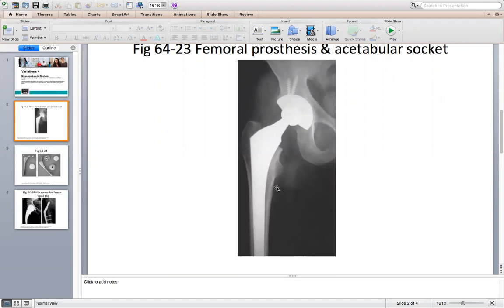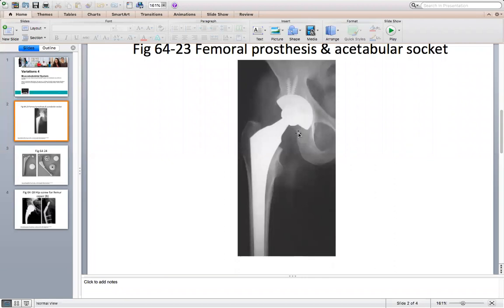If you have what's called an extracapsular fracture, it's happening outside of the joint area and could be kind of on the femur itself, in that kind of area. But they still could call it an extracapsular fracture.